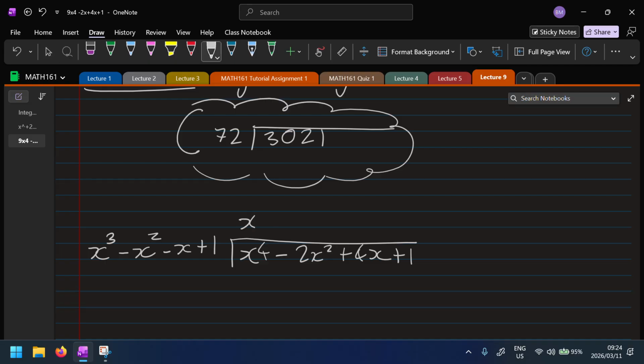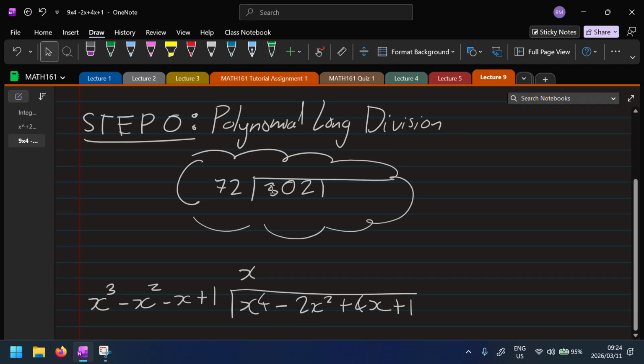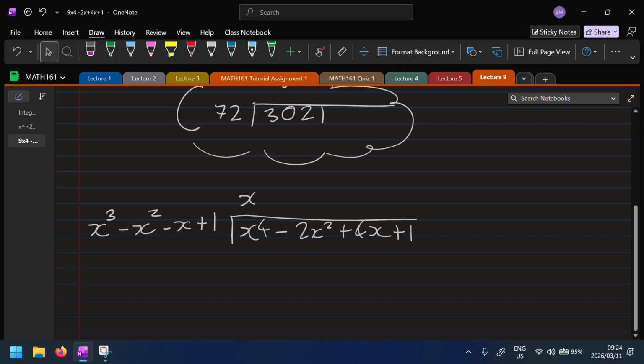Okay, please remember what you did with the numbers. If I have this here, what did we do? We did the 3 over this, and then the 30 over this, 302 over this. It was a division that we did each time. Exactly the same thing here. It's a division. X to the 4 over x cubed is x.